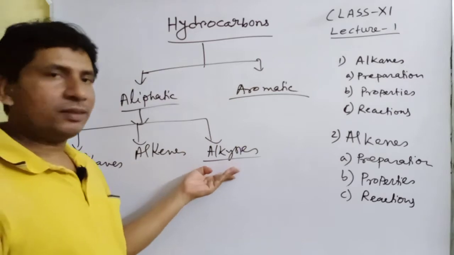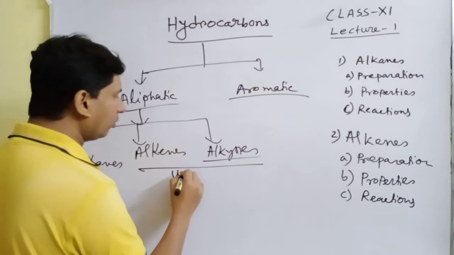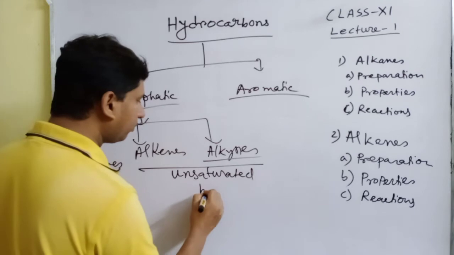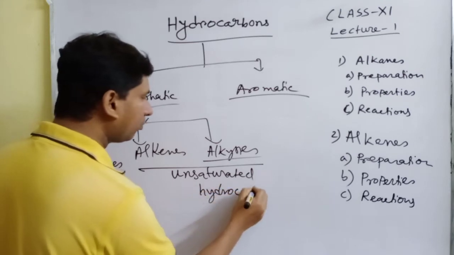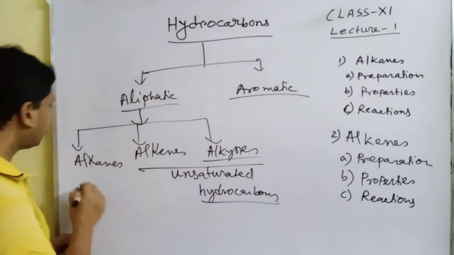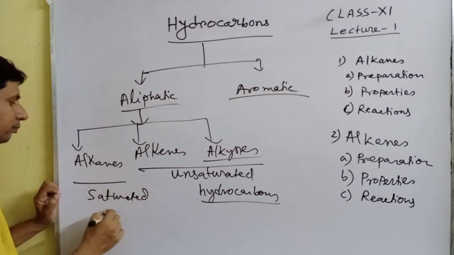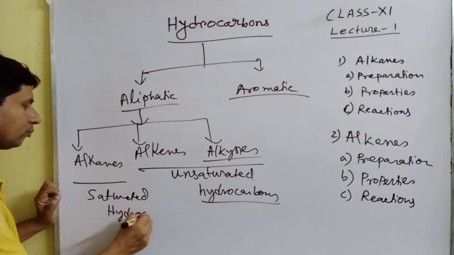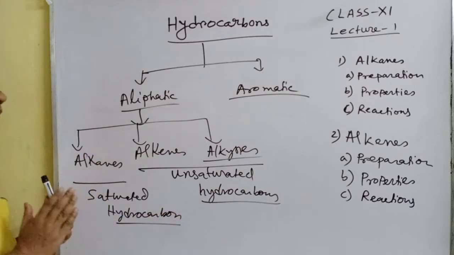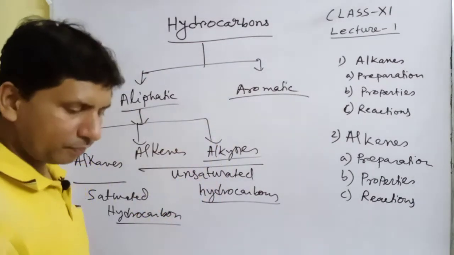Alkene and alkynes, both are known as unsaturated hydrocarbons, and alkane is saturated hydrocarbon. Clear? So alkane is saturated, alkene is unsaturated, alkynes is also unsaturated.